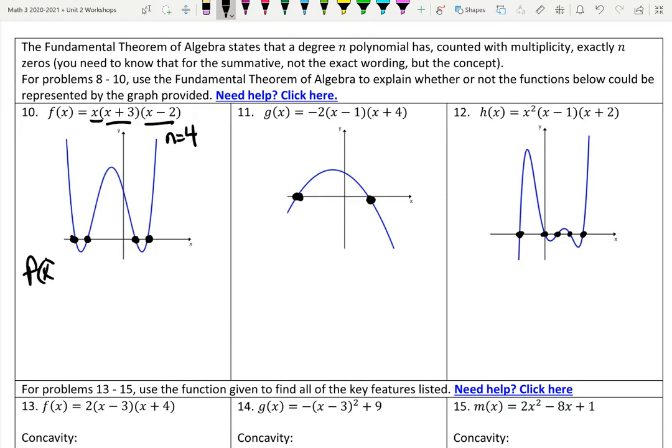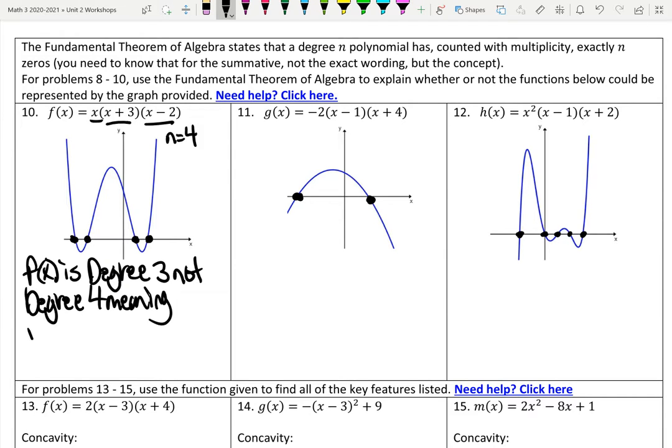F of x is degree 3, not degree 4, meaning it does not match the equation and graph.